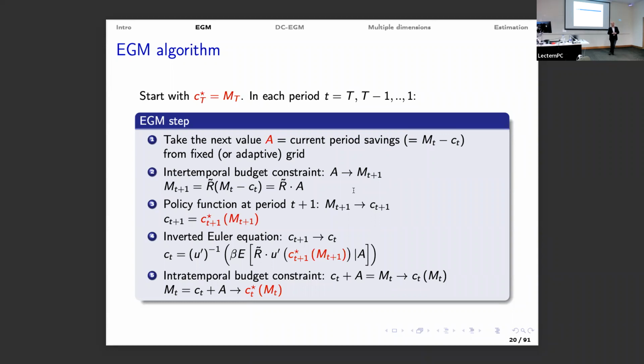That's correct. So of course we're thinking about the inner solutions here with the Euler equation. In the absence of credit constraint, it's going to be even simpler because Euler will hold everywhere. But the presence of credit constraint makes it somewhat more complicated. And we'll talk about credit constraint in a moment. But if you don't have the credit constraint, that means that A can be chosen anywhere. You could end up with negative savings.